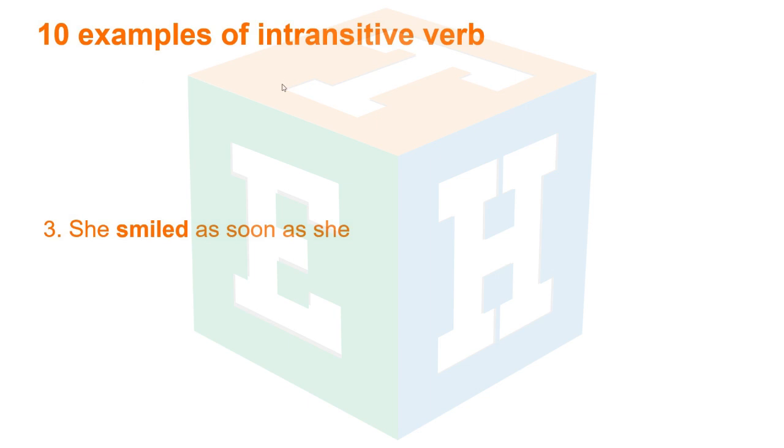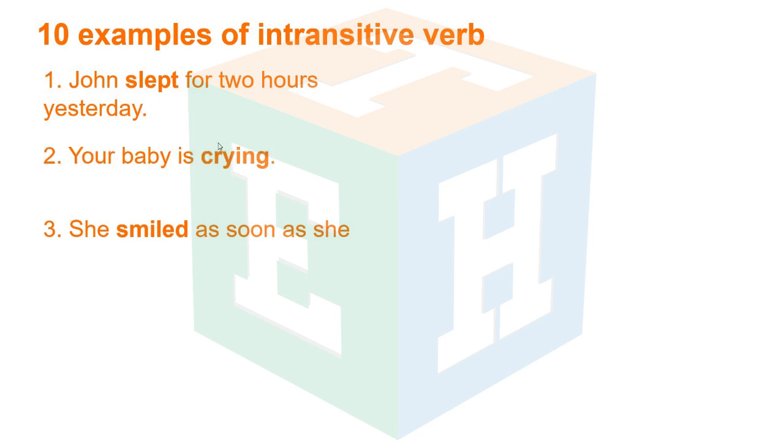10 examples of intransitive verbs. Number 1. John slept for 2 hours yesterday. Number 2. Your baby is crying. Number 3. She smiled as soon as she saw me.